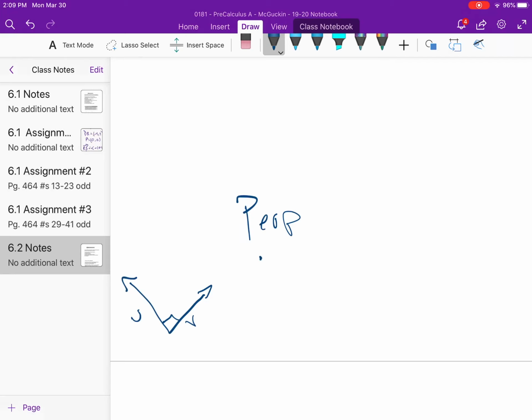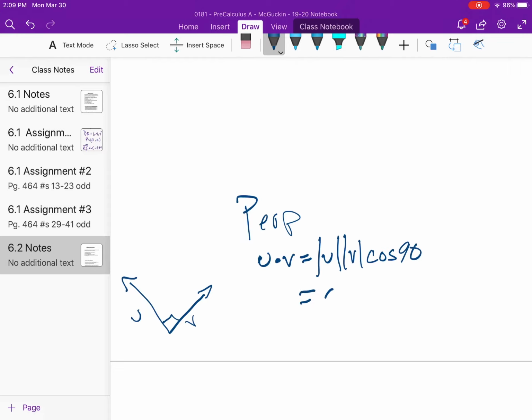Well, we know that if we're taking the dot product of these two vectors, we could rewrite this as the magnitude of the two vectors multiplied by each other, and then multiplied by the cosine of the angle in between the two vectors. If this is the case, what do you notice?